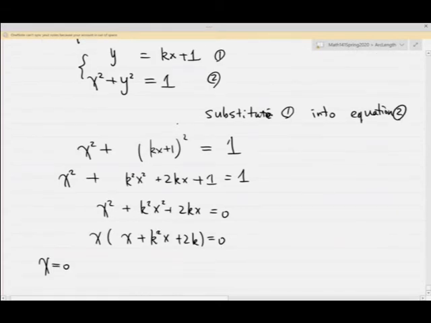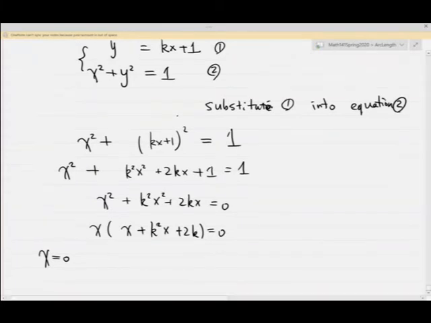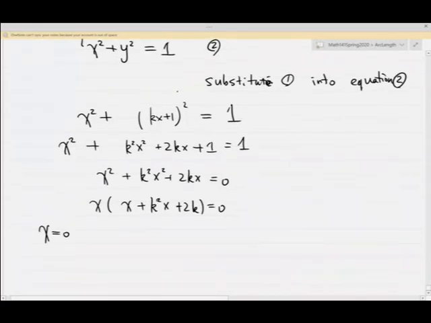In this case, it's easier to cancel this 1. If you expand it, you see 1 squared cancels 1, so that you don't need to solve a quadratic. This is the reason that we try to avoid the quadratic.